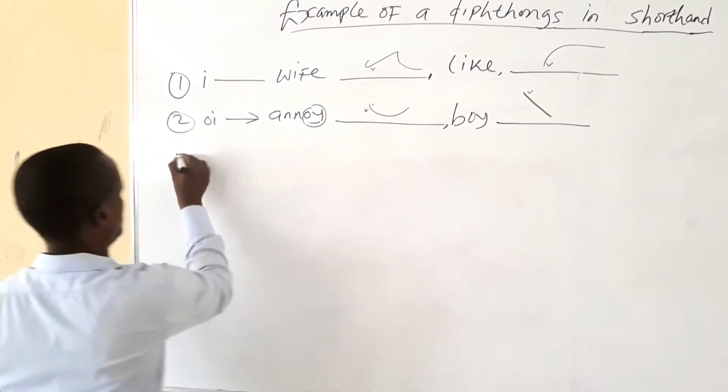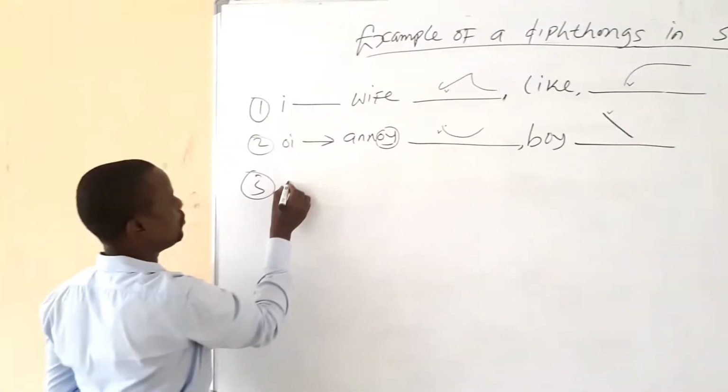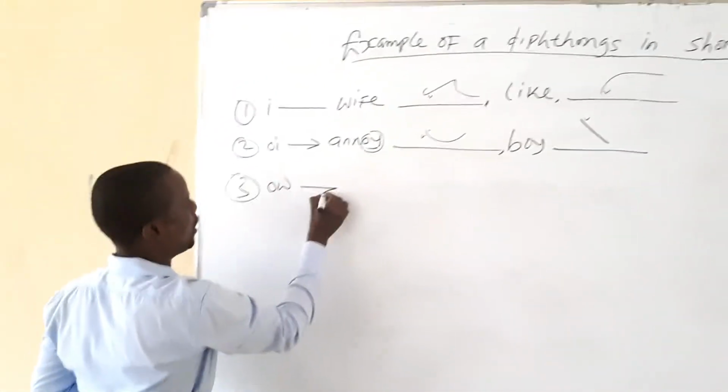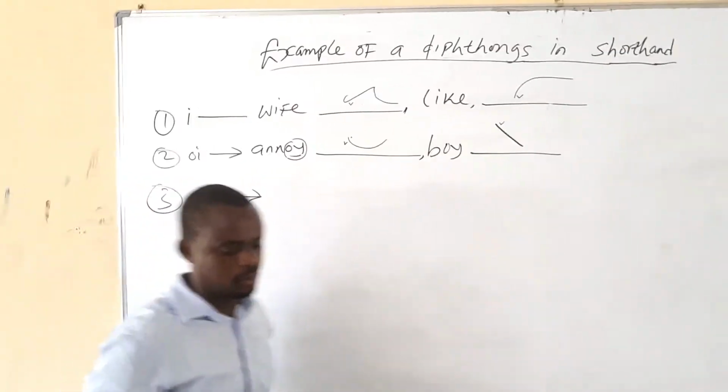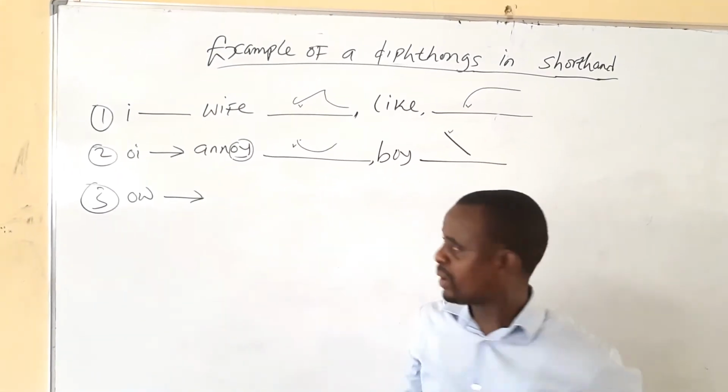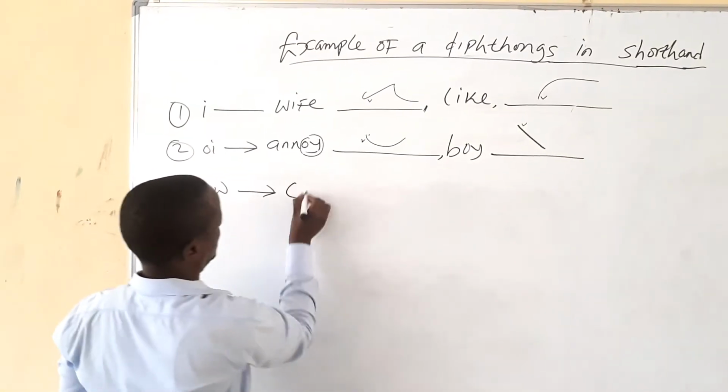So now number three, which is diphthong R. Let us see the example of diphthong R. Okay, diphthong R, we can give an example like we say car.